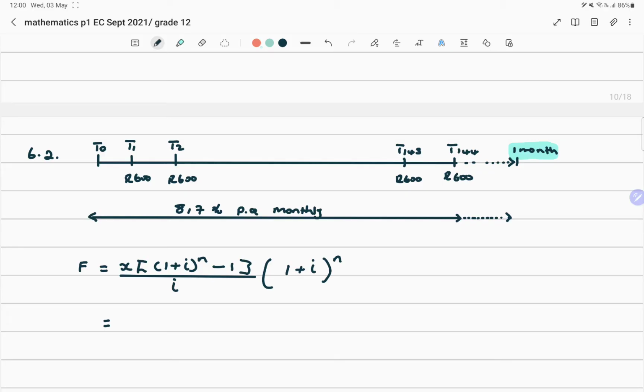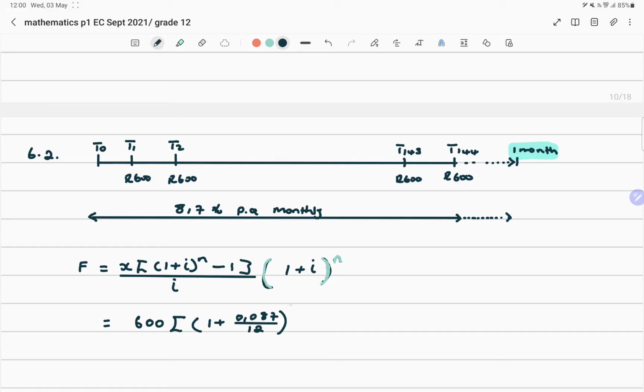So the adaptation here, guys, is this portion here. This is the only new thing here. Be careful of that. Then this is 600 into 1 plus, now this is over 100, so it's going to be 0.087 over 12, because there's 12 months in a year.